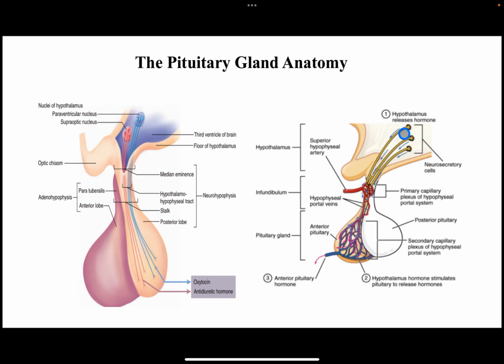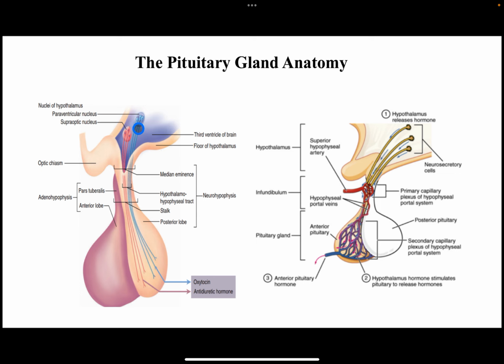So the hypothalamus connects to the posterior pituitary via nerve fibers. The anterior pituitary, on the other hand, connects to the hypothalamus using blood vessels. So you see the blood vessels, all of them channels here, but we don't have any blood vessels here.